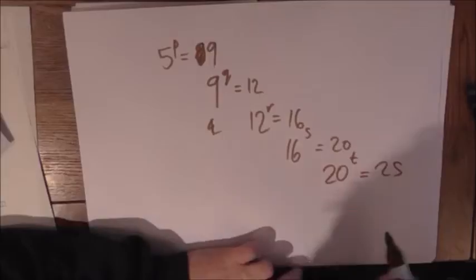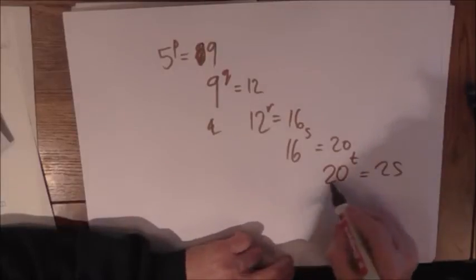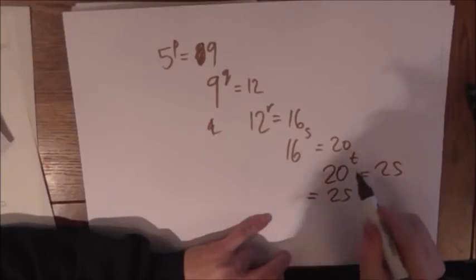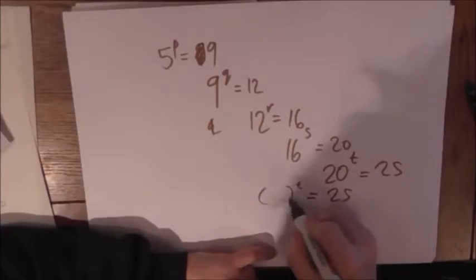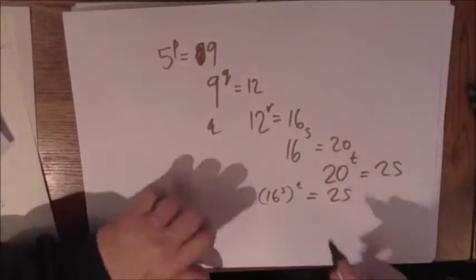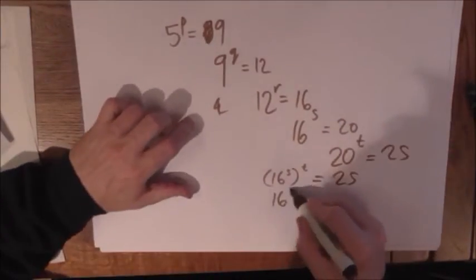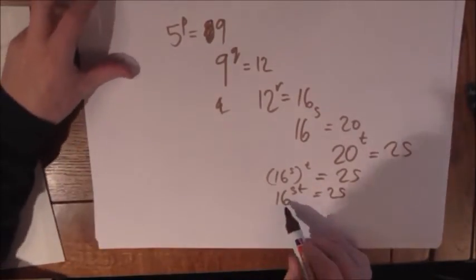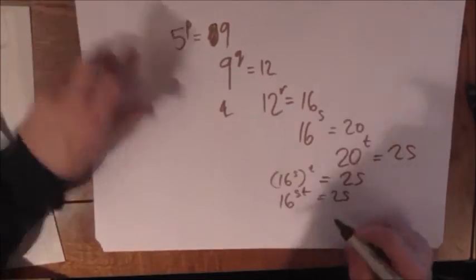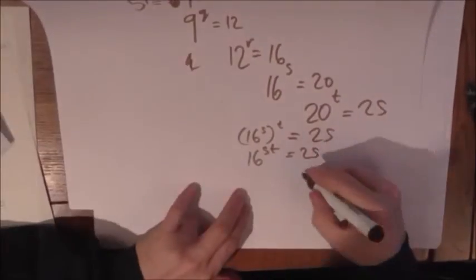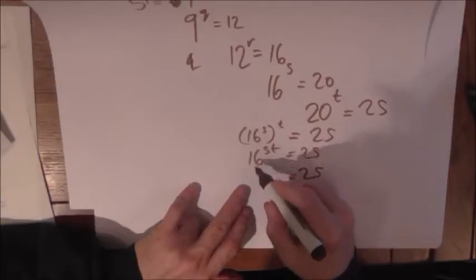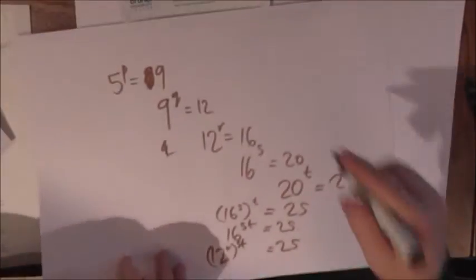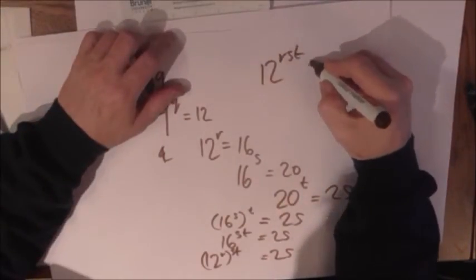So why don't we write this one? I'm going to work backwards here. 25 equals not 20 to the power of t, but 16 to the power of s, to the power of t. Which, by the way, is 16 to the st equals 25. But now, instead of writing 16, I'm now going to write 12 to the power of r. Which means that 12 to the rst equals 25.